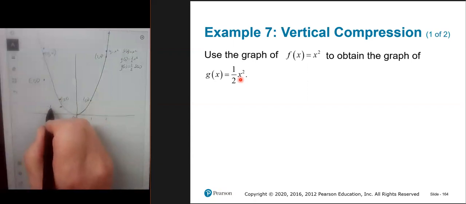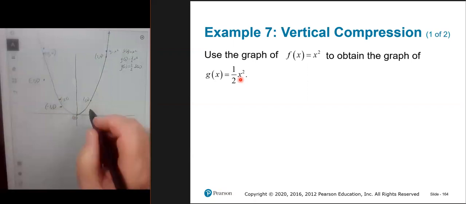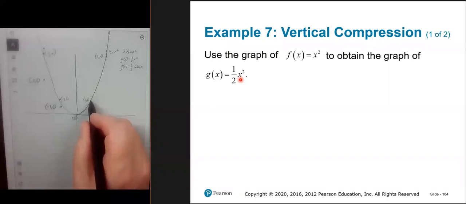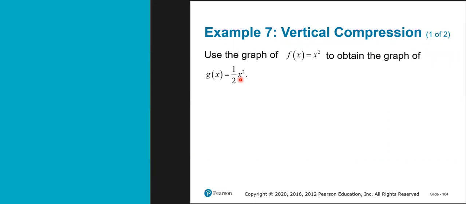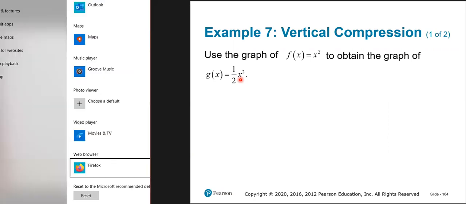So -1 goes to 1/2 now. 1/2 of 0 is still 0. And then 1/2 of 1 is 1/2. So that's this point here, 1, 1/2. And this point is 2, 2.